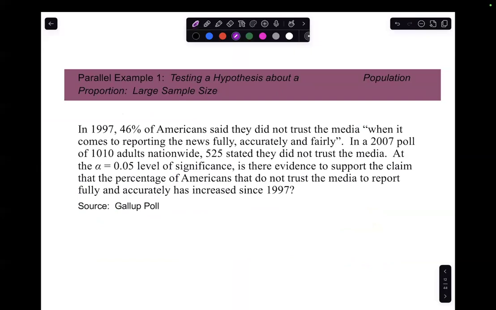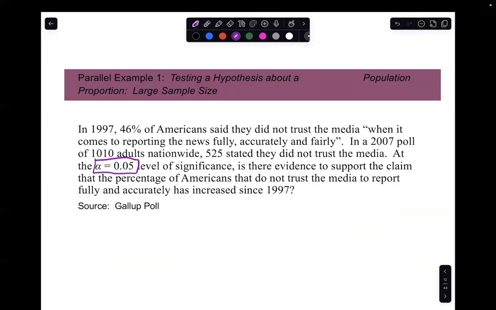I know it's always easier when we actually do the math. So in 1997, 46% of Americans said they did not trust the media when it comes to reporting the news fully, accurately, and fairly. So we have a 2007 poll. We've already seen this one before. 1,010 adults nationwide, 525 said that they did not trust the media. We're going to look at a significance level of 0.05.